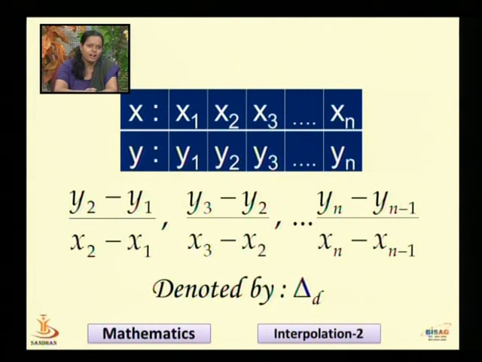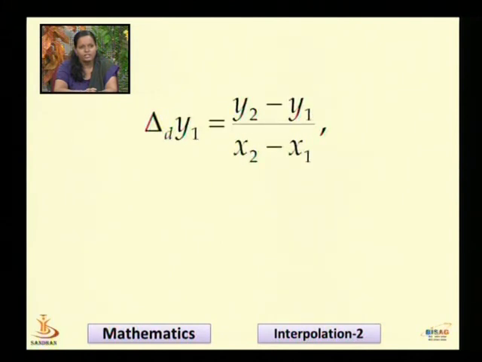These terms are first order divided differences. They are denoted by the symbol delta D. Representing these in mathematical equation form, delta D y1 at the first point is y2 minus y1 divided by x2 minus x1.